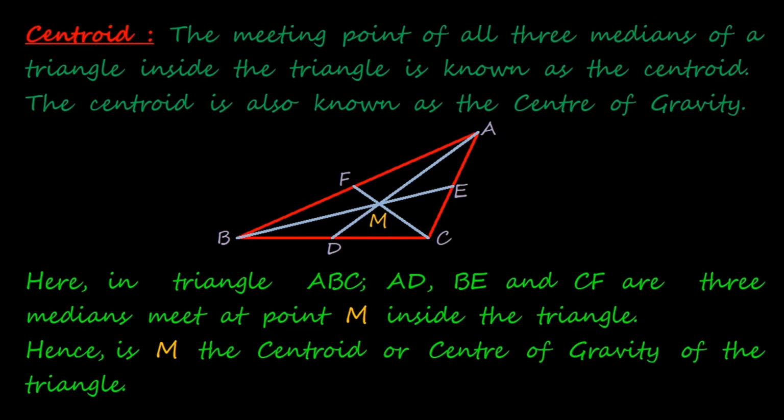Here, if you look at the figure, the three medians AD, BE, and CF meet each other at point M, that is colored in golden. Here M is the centroid of the triangle ABC, or M can be called the center of gravity of the triangle ABC from the figure.